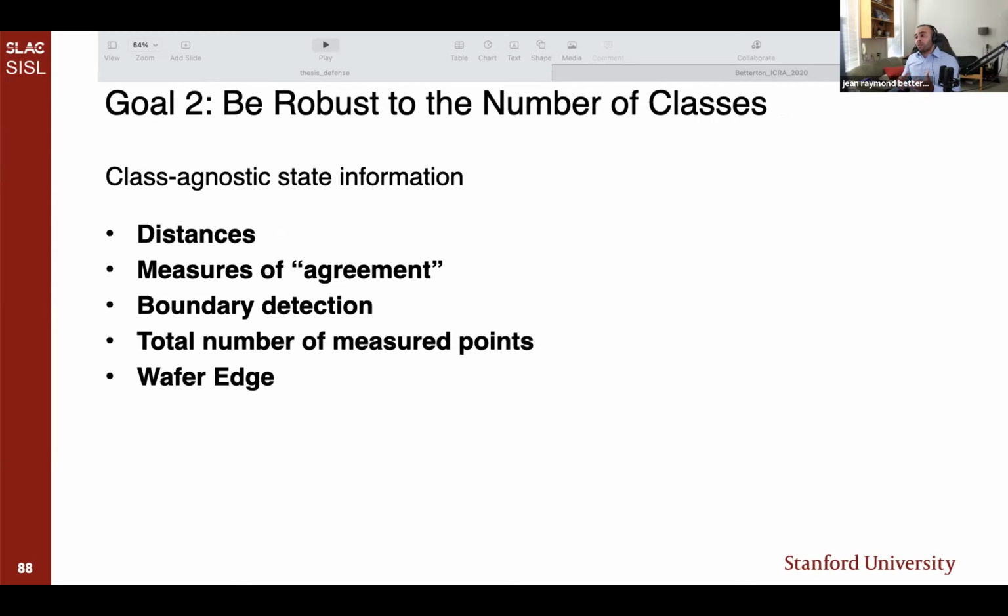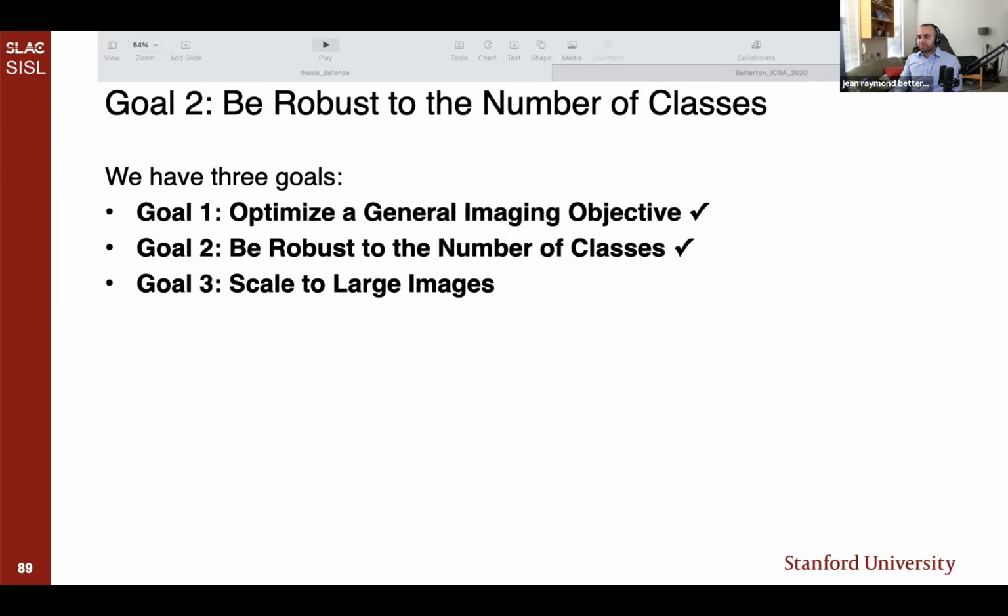So we don't need to know what class it was. We don't need to say if it's this material or that material. We can just decide if they're the same or different. And that's what allows us to be class agnostic in a way. And then we also do boundary detection, edge detection, and look at the total number of measured points as well. All right, so pretty straightforward for that.